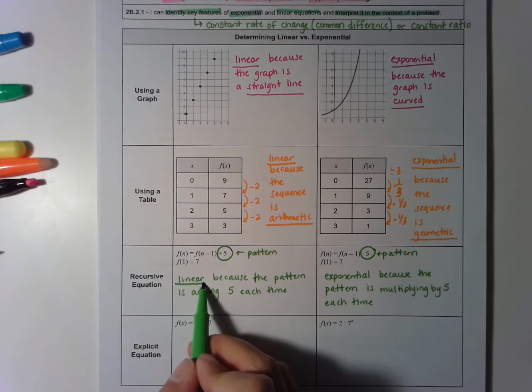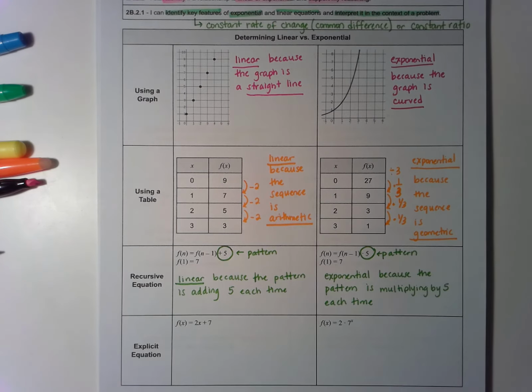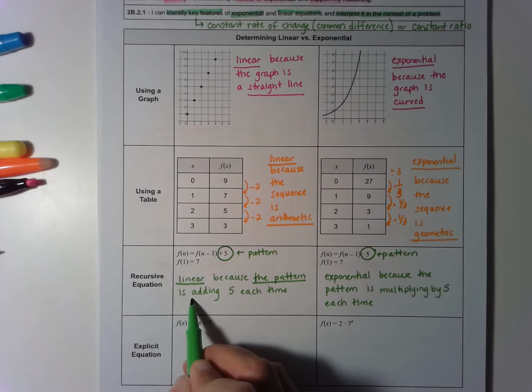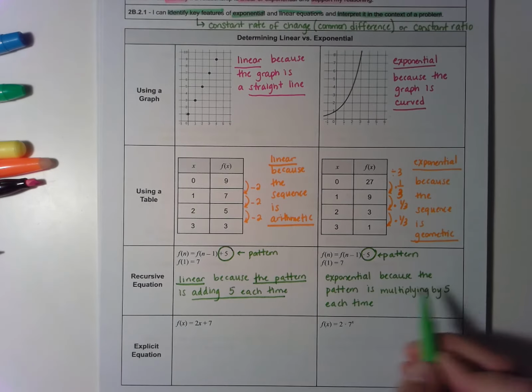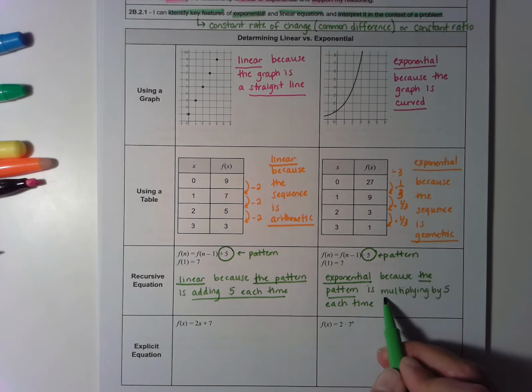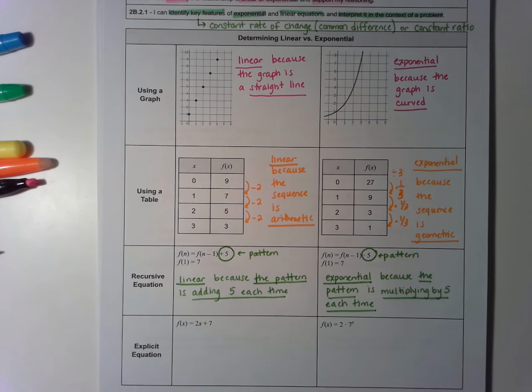Now again, the key here is I didn't talk about whether it was a straight line in the graph or whatever because I don't have a graph. I need to talk about the pattern because that's what I have in this problem. In this one, I talked about the pattern because that's what I know from this problem.